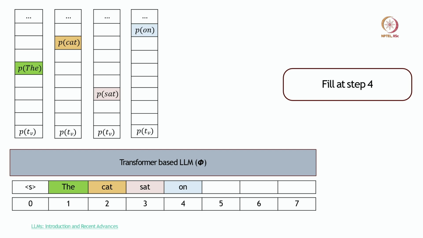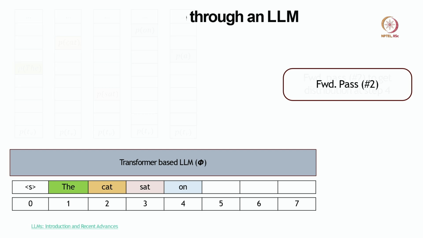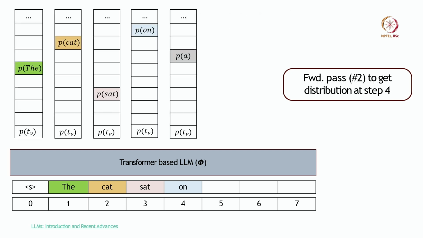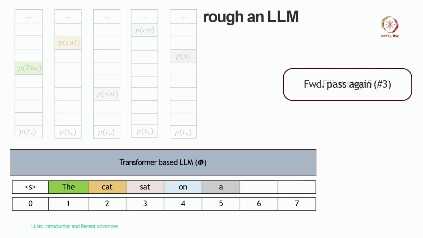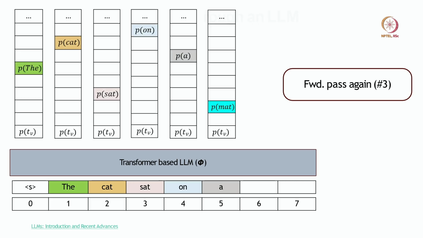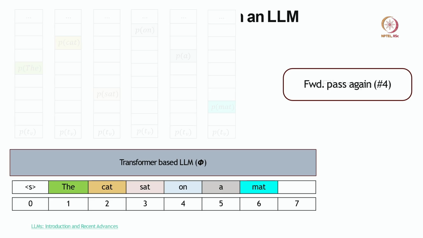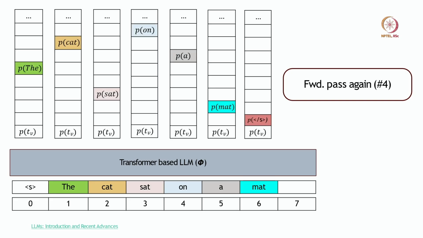Again, from "on" we compute the probabilities in the last layer. Whichever token has the highest probability, we take as the next token, which is "a", and then after "a", let's say the next token is "mat", and then finally the next token is end of sentence, right. So that's how this LLM works, correct.